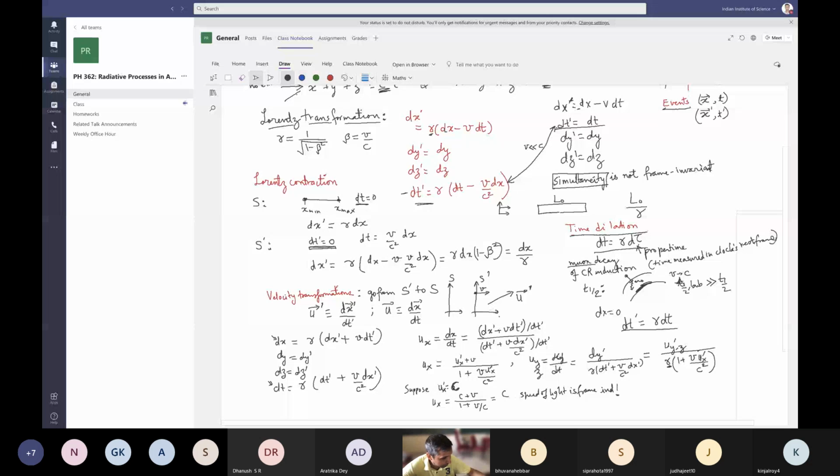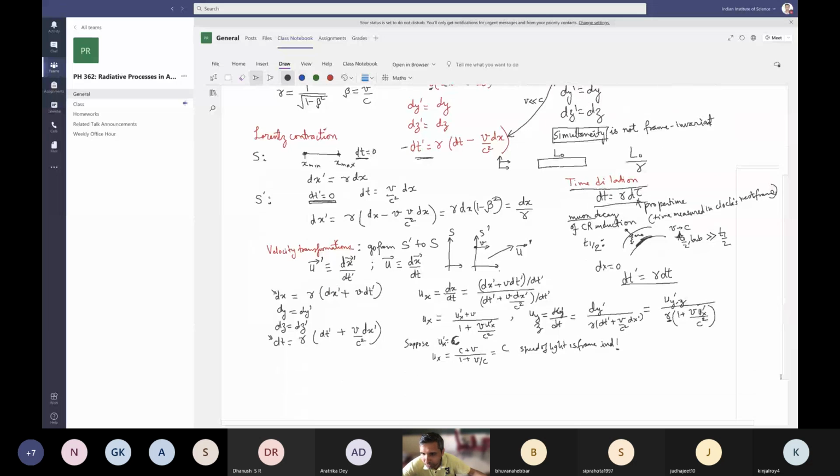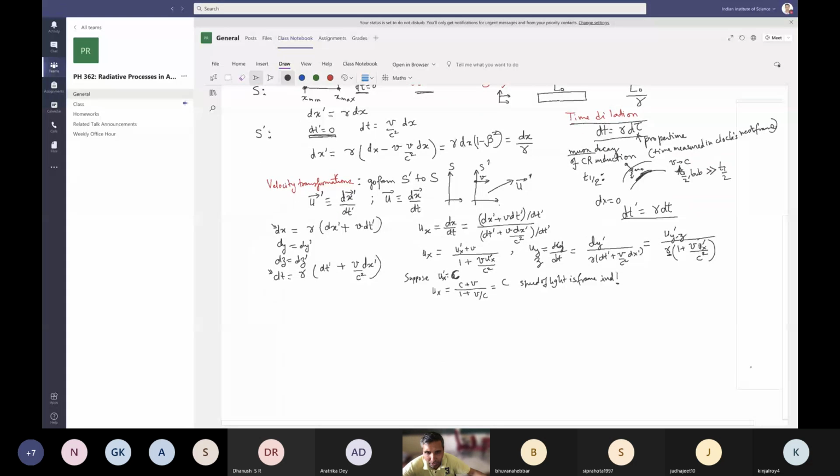Good. Any question? No? Okay, good. These are deep concepts, and relativity is very beautiful and physically absolutely important. Just as Newton's laws are very well established, there is no doubt about them. Relativity is very well established. Special relativity, no one doubts it.